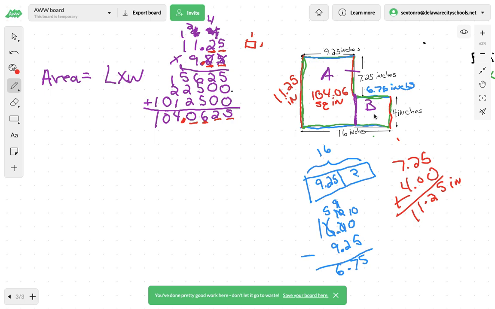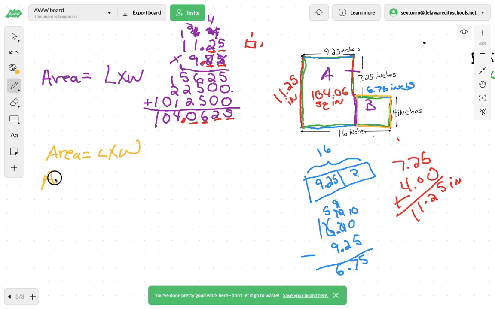What about B? Well, let's see. We'll do B in yellow. Okay? B is this part right here. Well, our area is, as always, going to be length times width.